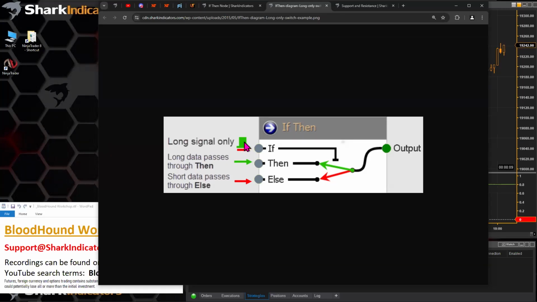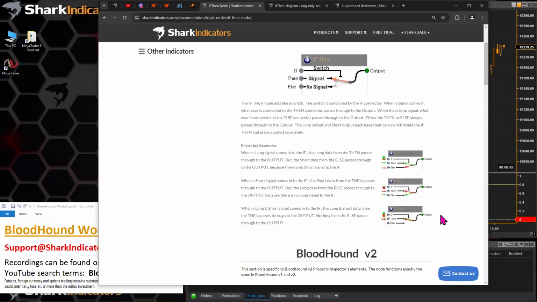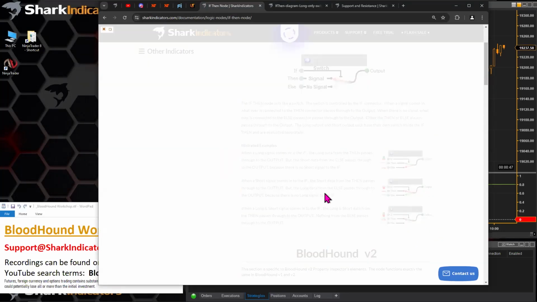So in the example I gave you, when the signals come in, you're going to want a long and a short signal together. Always want a long and a short signal to come in together. That way both switches are switching together and they're not switching separately, like this example shows here. So actually, I think there is, here we go. Right.